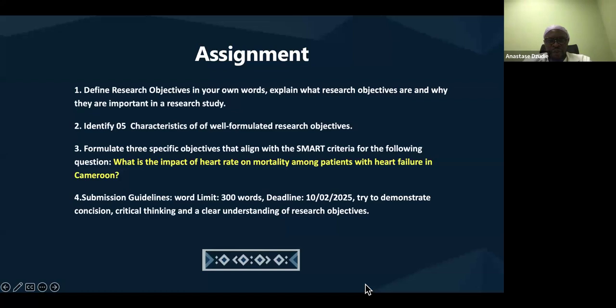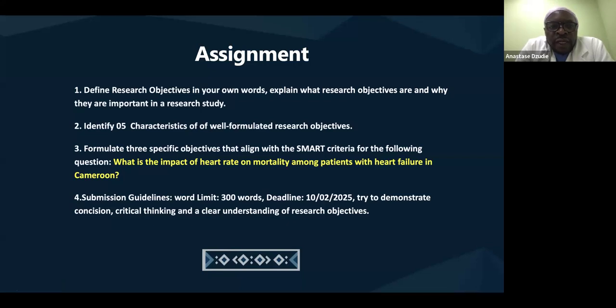So I'm also going to share with you, with the permission of Peter, hoping that I still have some time, an assignment which I would like you to go through and to deliver next week. So I would like you to define the research objective in your own words and explain what research objectives are and why they are important in a study.